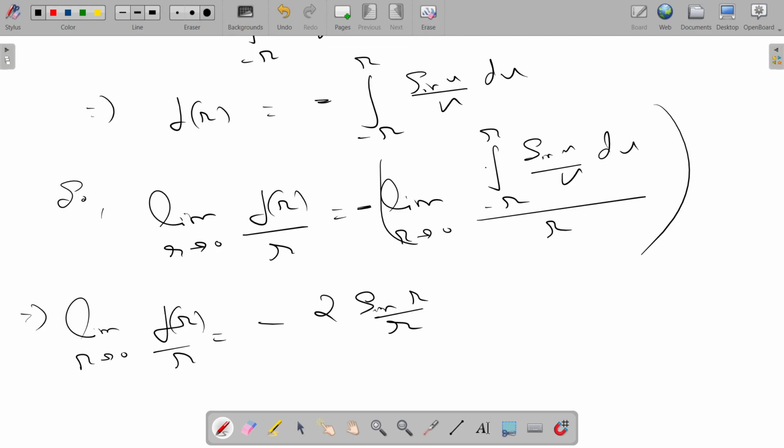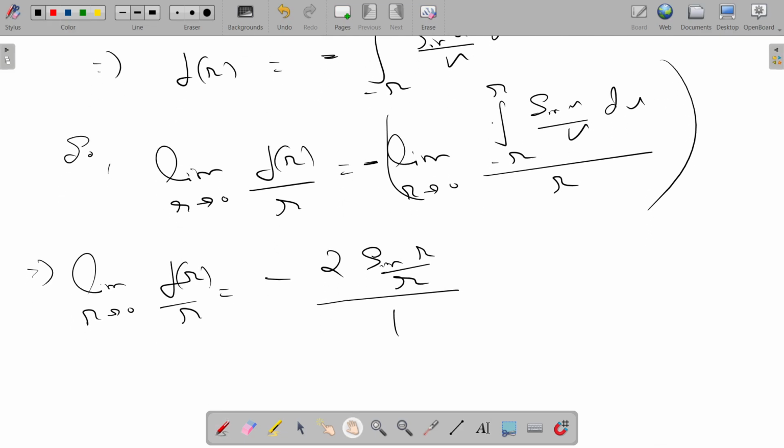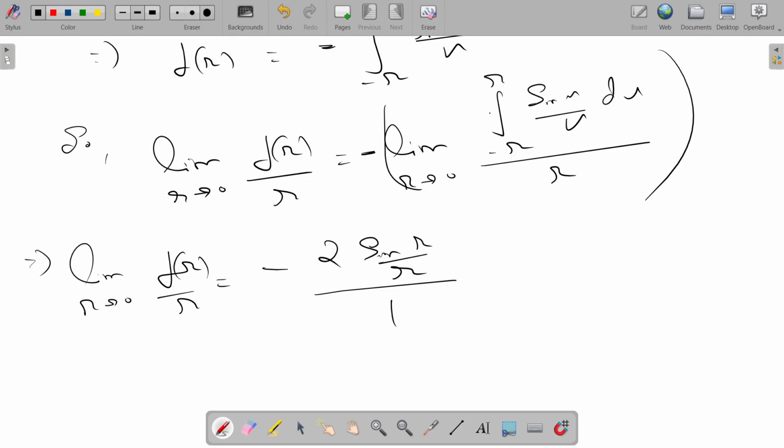This is an even function, so using L'Hopital's rule and differentiating r gives 1. Then we take the limit: minus the limit as r tends to 0 of 2 sin r by r, which is minus 2.